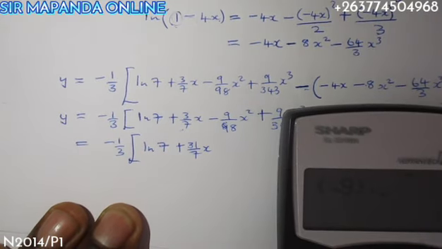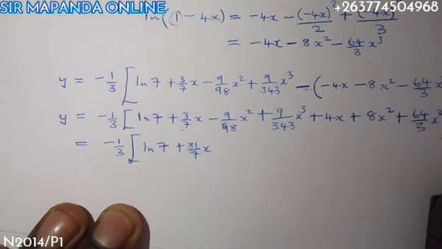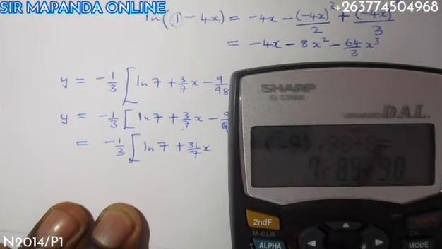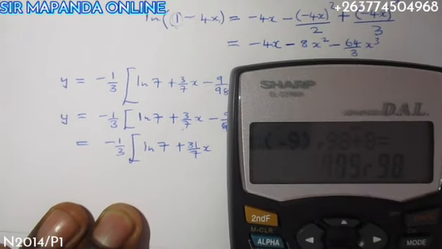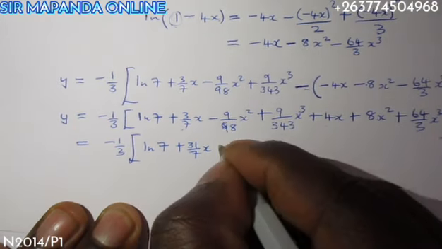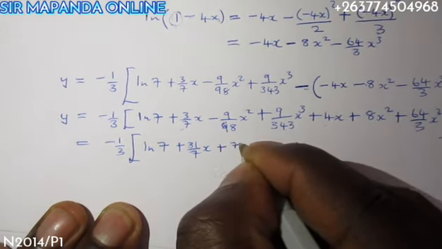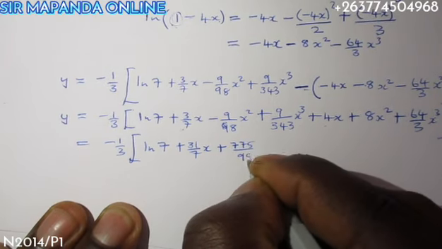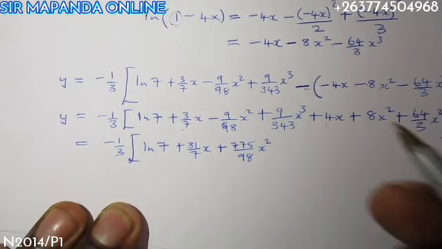Minus 9 over 98 is a like term with 8. So plus 8. What do you get? 75 over 98. So you say plus 75 over 98 x squared.